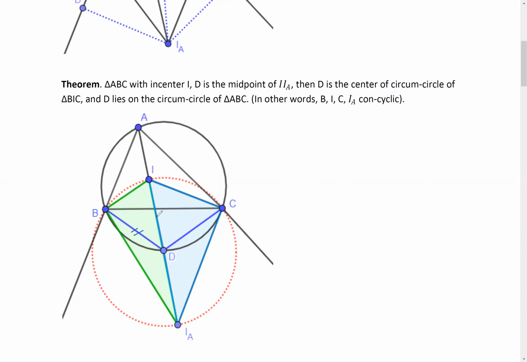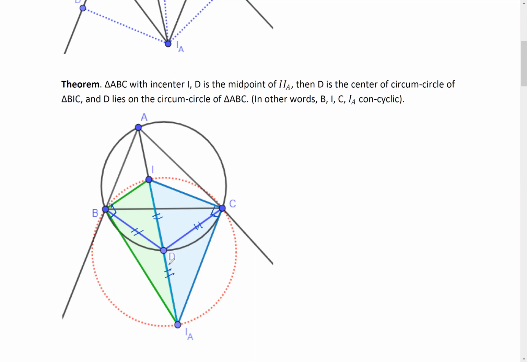We proved that this equals this equals this. Okay, now if IA is the excenter, then this is going to be a 90 degree. And that one is also going to be a 90 degree. And so then this also equals, right? These four segments, they are all equal.